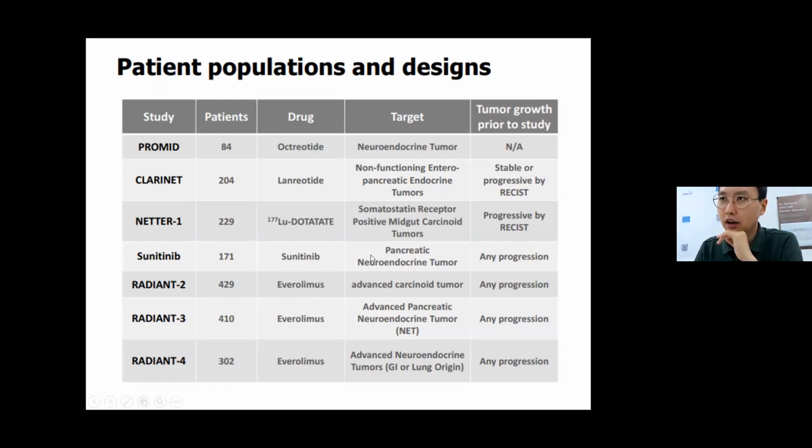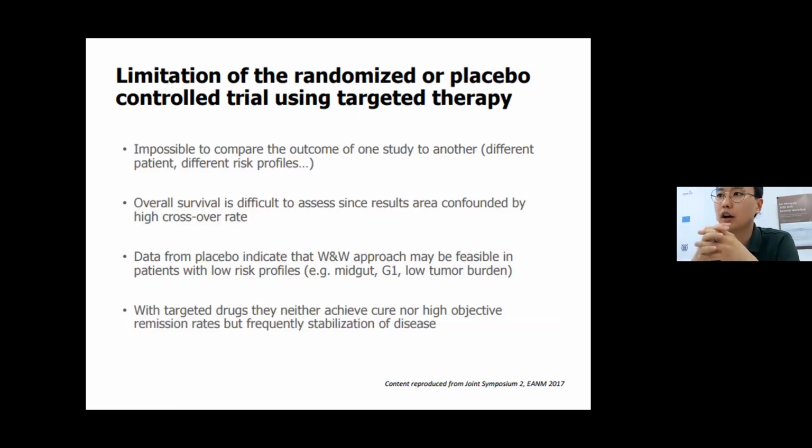But these randomized controlled trials have some limitations, since, as you have seen from the summary table, it is impossible to compare the outcome of one study to another. So you cannot compare chemotherapy to targeted therapy, or PRRT to targeted therapy.